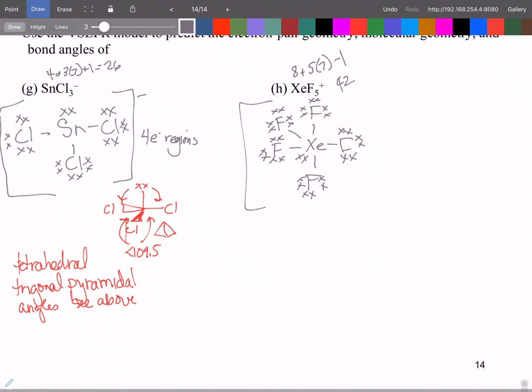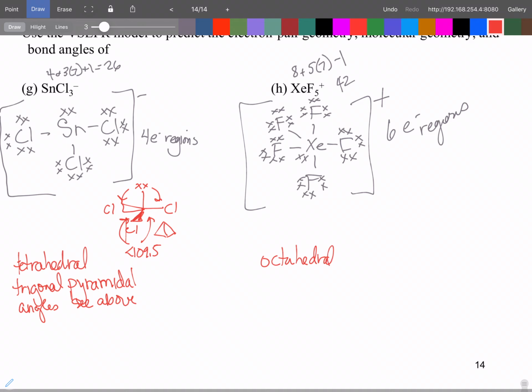And again, it's a charged species, so it's going in a bracket. So when we look at this, we have 5 bonding regions and 1 non-bonding region, so we have 6 electron regions. Which means electronically we have 6 regions, so it's octahedral.